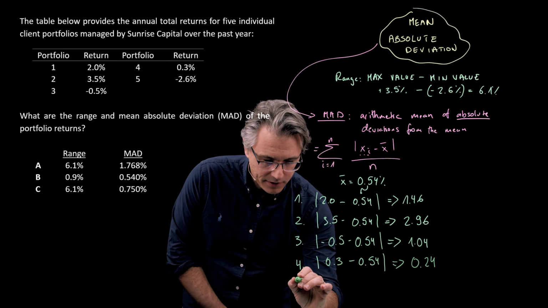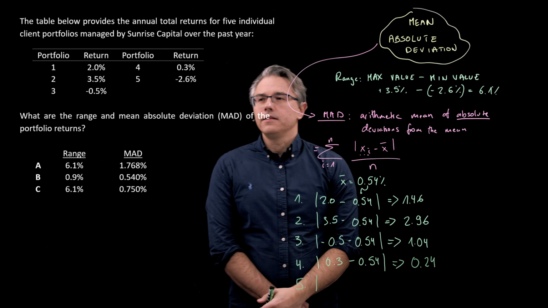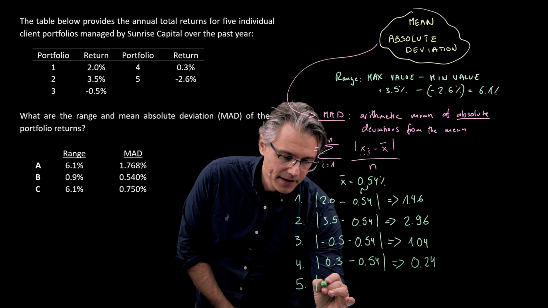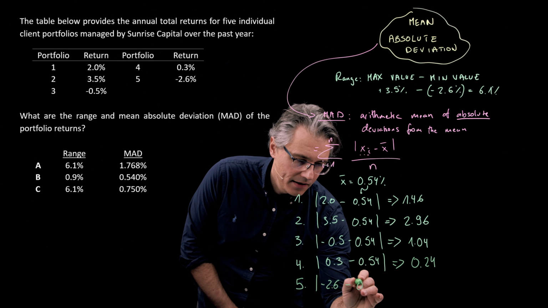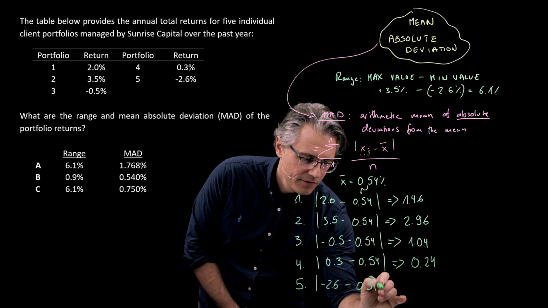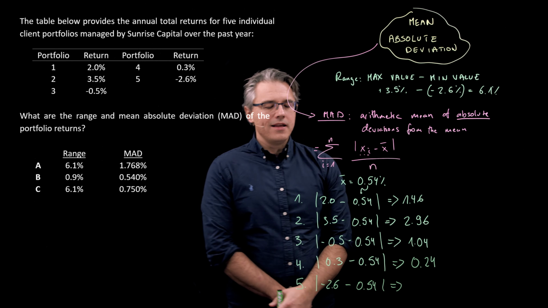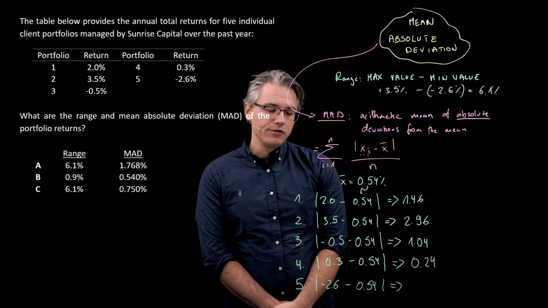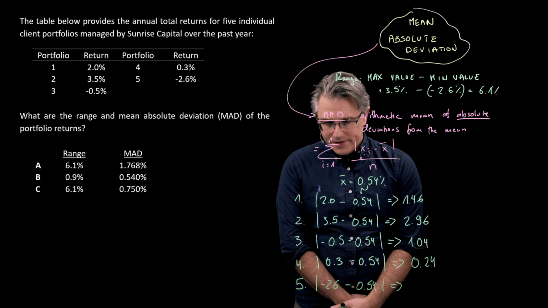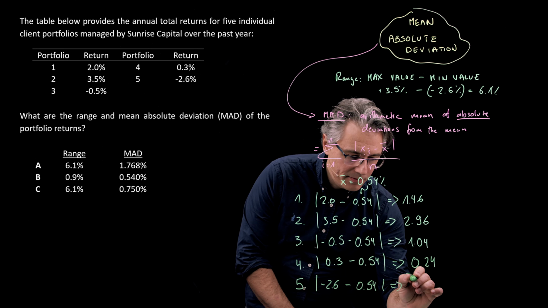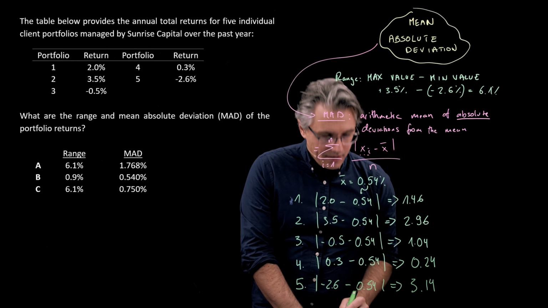And the last one, the fifth one, that's the difference between negative 2.6 and negative 0.54. Once again, we neutralize the negative sign, and this simply becomes 3.14.